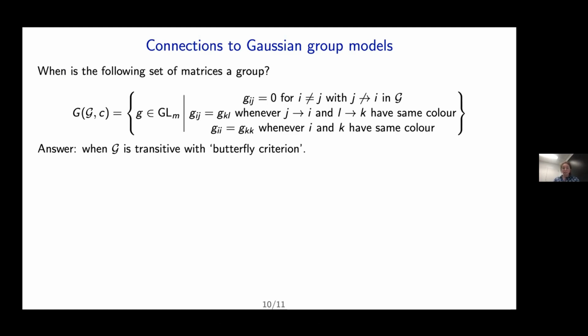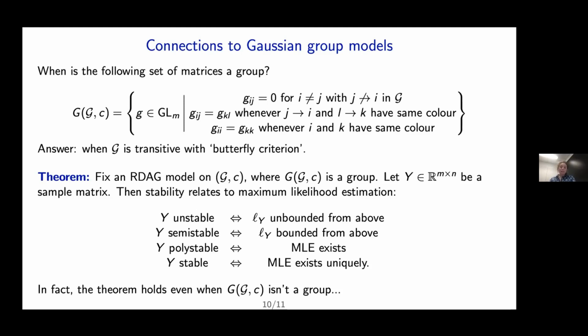So the answer is that the graph has to be transitive and it has to satisfy something which we call the butterfly criterion. Okay, but yes, if you explore this question, you may come up with another criterion, which I'd be very happy to hear about.